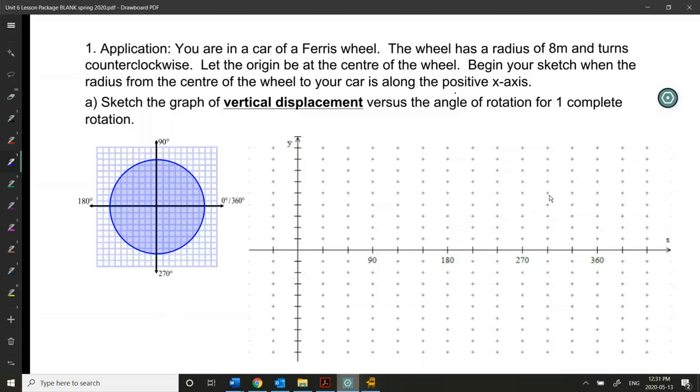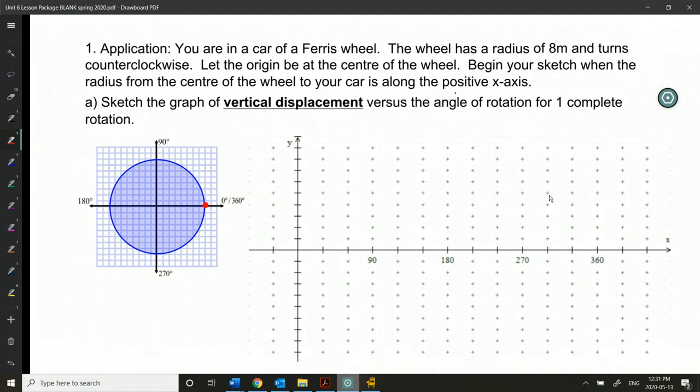Okay, so we're going to take a look at an example of a Ferris wheel, and we're going to track the vertical displacement of a little cart, one of those ones that you sit in, as it rotates around counterclockwise. And in this case, we're going to start our tracking when the cart is on the positive x-axis here. So that's this point right here.